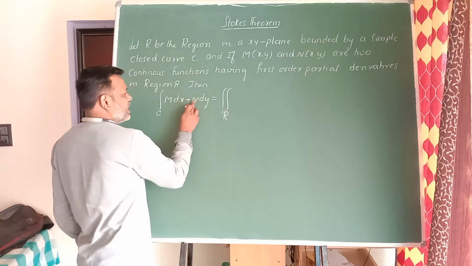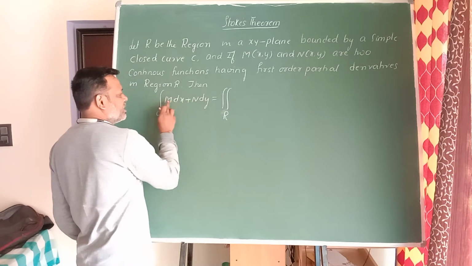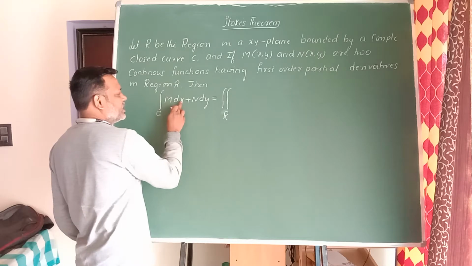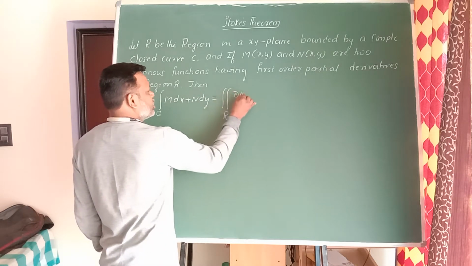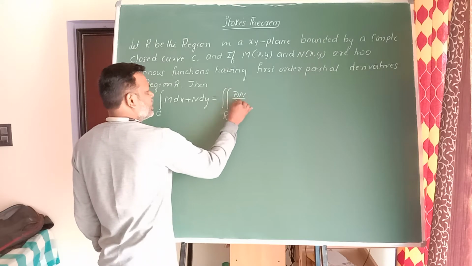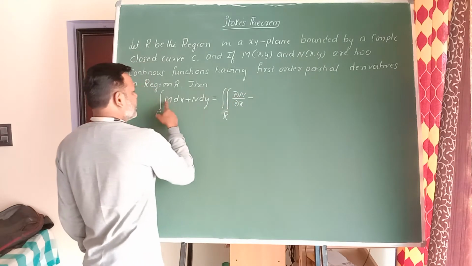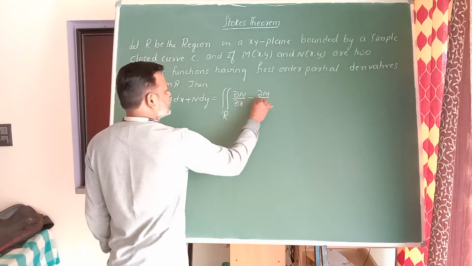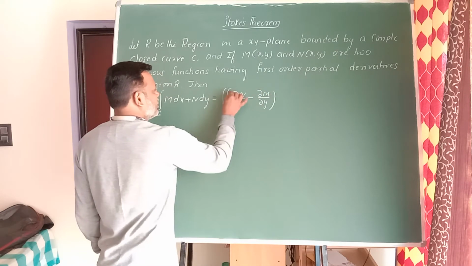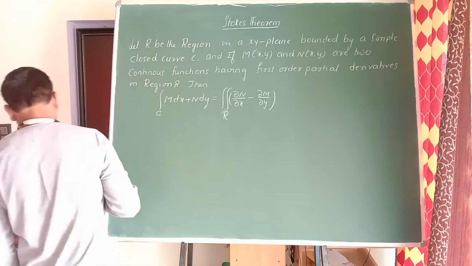Here N is the coefficient of dy and M is the coefficient of dx, therefore we need to find the partial derivatives: dou N divided by dou x minus dou M divided by dou y, dx dy.